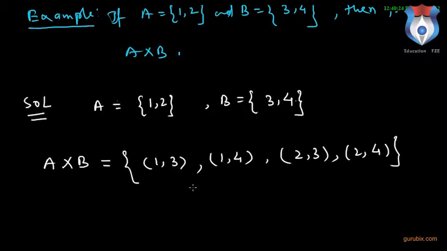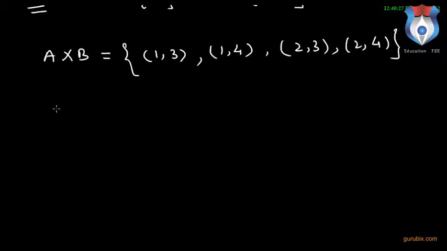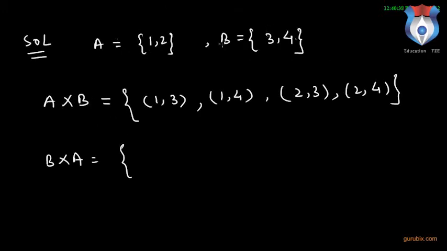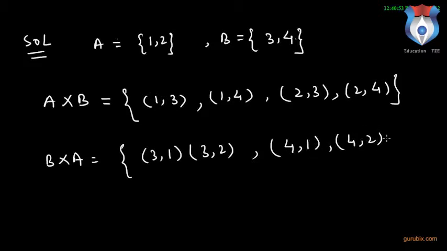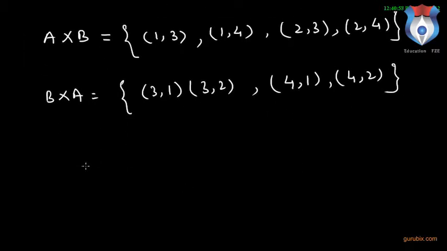So this is A cross B. And we can also find B cross A like this. First of all, we shall make pair of 3 with 1 and 2. So we shall write (3, 1) and (3, 2). And now we shall make pair of 4 with 1 and 2. Then it will be (4, 1) and (4, 2). So this is B cross A. And it is important here that A cross B is not equal to B cross A.